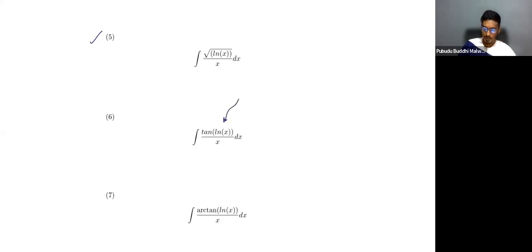But if we consider a case like natural log of x squared times x dx, now you won't be able to use natural log of x squared as your substitution, because that's not the inner function.